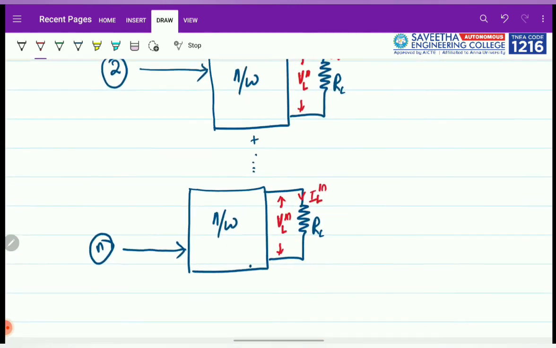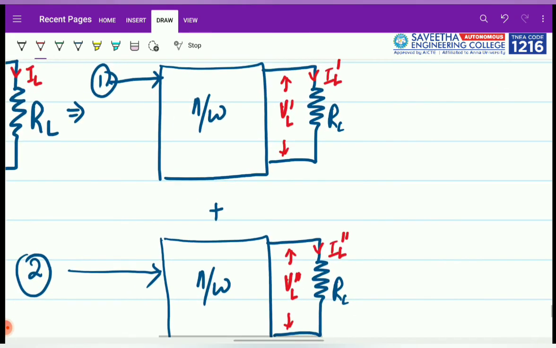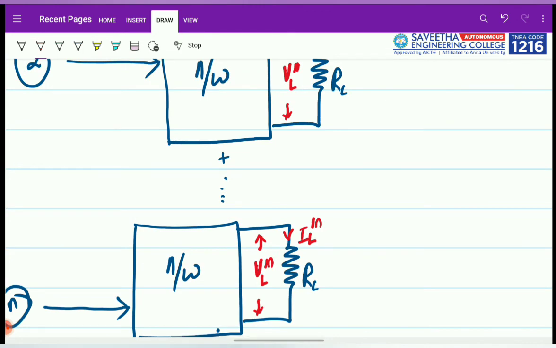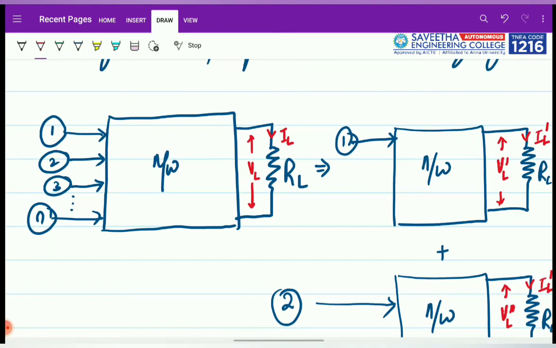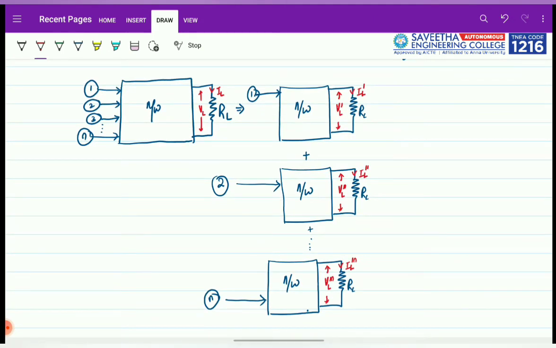In case we need to find the current, we will add all the individual currents obtained from each source. The summation of all these will give the exact value. So this is how we have to solve. If you have three sources, we have to split it into three circuits. We will find the voltage or current, whichever is asked, three times, using each and every source at different times, and then we will find the cumulative answer.